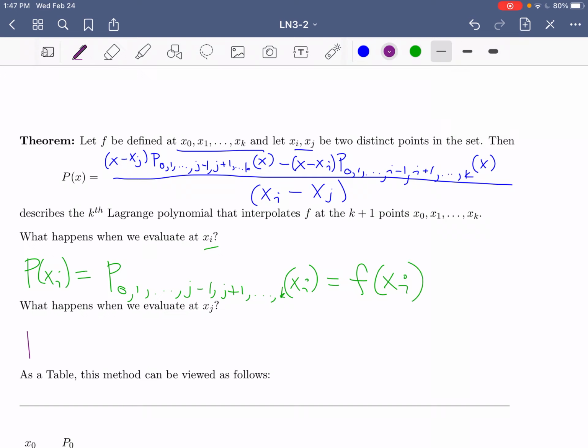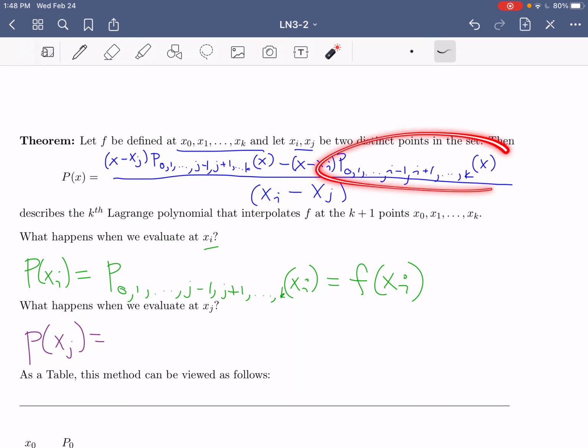We have something similar, although slightly different, that happens when we evaluate at x sub j. When we plug in x sub j, this term is going to go to 0, which means that whole first term goes away. We will have x sub j minus x sub i, but that is being multiplied by a negative, and so this and this will cancel, leaving us with p 0, 1 up through i minus 1, i plus 1, k of x sub j.